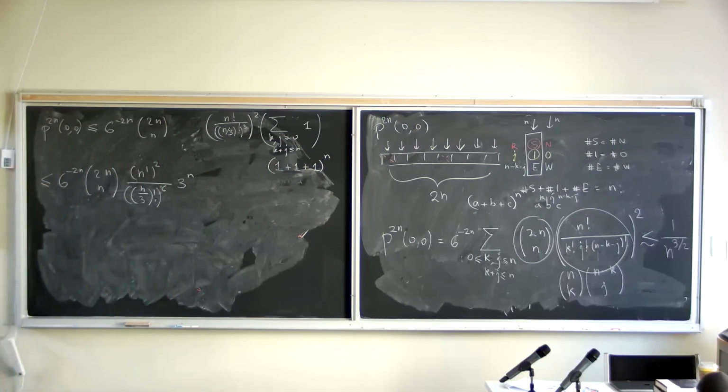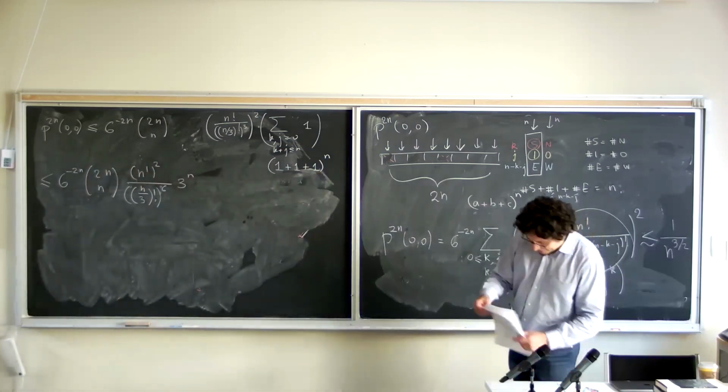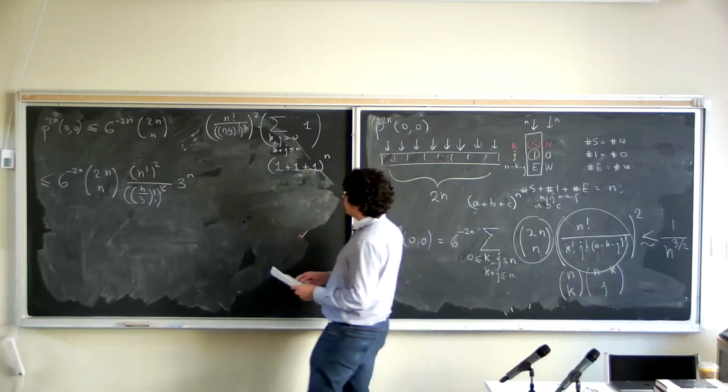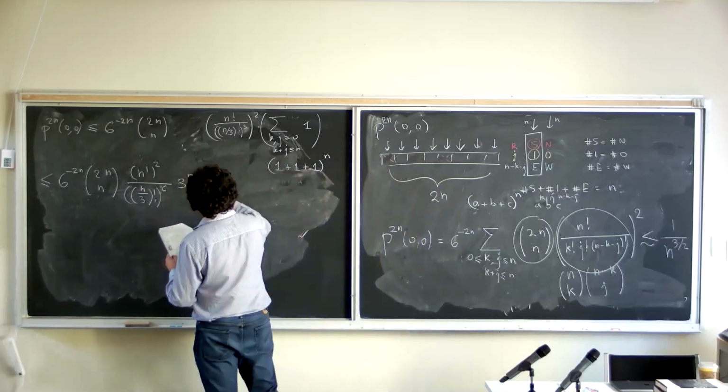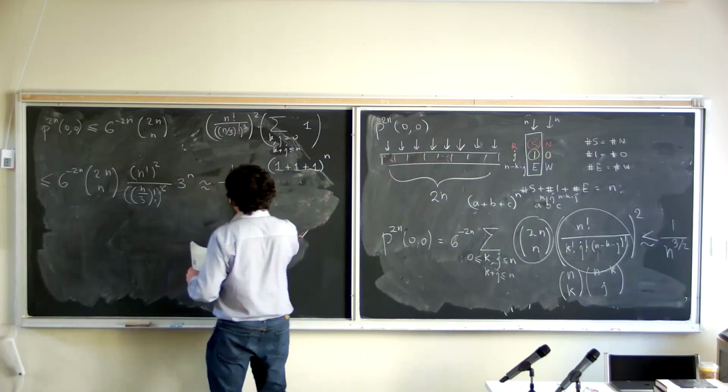And now again, you have to write down the Stirling formula once again. I think maybe we don't need to do it. So basically, in the end, you just write the Stirling formula once again, and indeed this gives you 1 over n to the 3 halves.